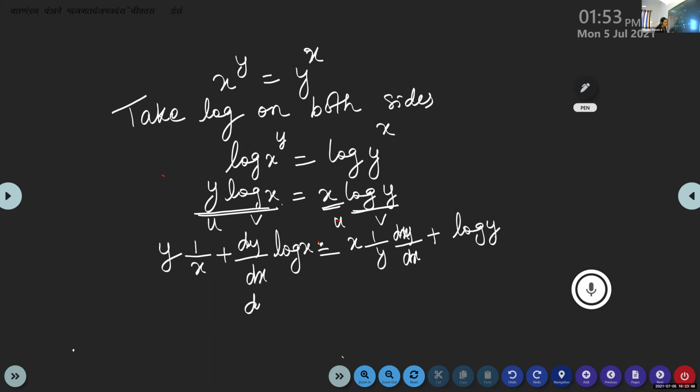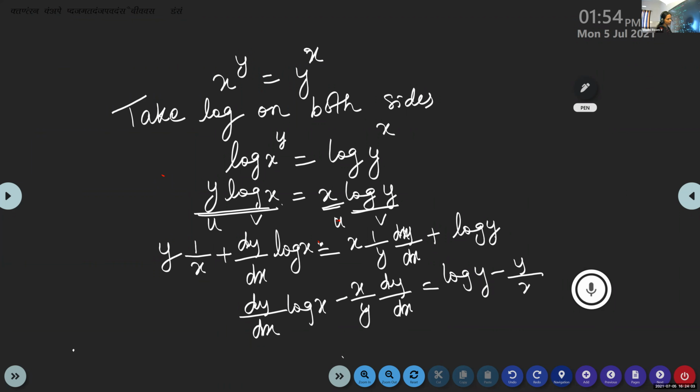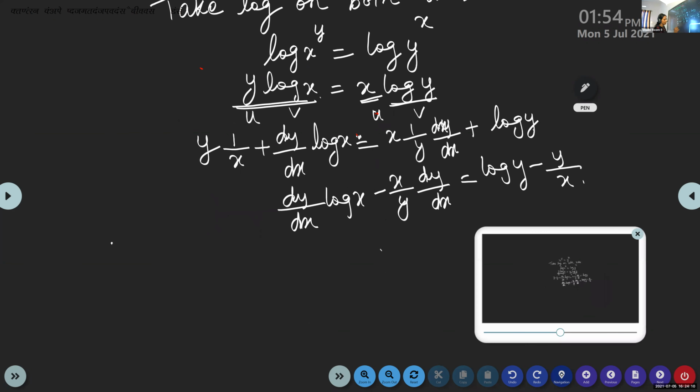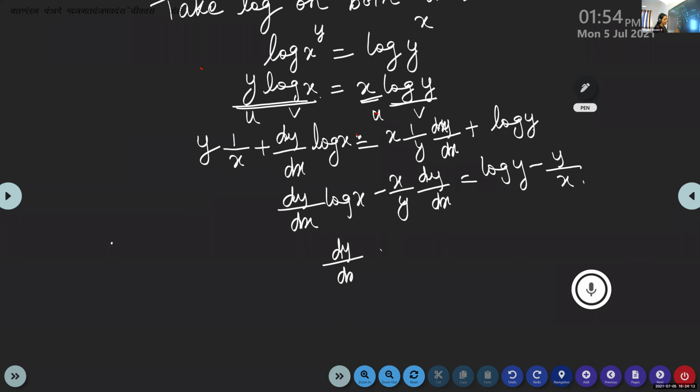So we get dy by dx log x minus x by y dy by dx is equal to log y. Now if we take plus y by x to the other side, it becomes minus y by x. From the two terms, we can take dy by dx as common. So we get dy by dx times log x minus x by y is equal to log y minus y by x. Is it okay?